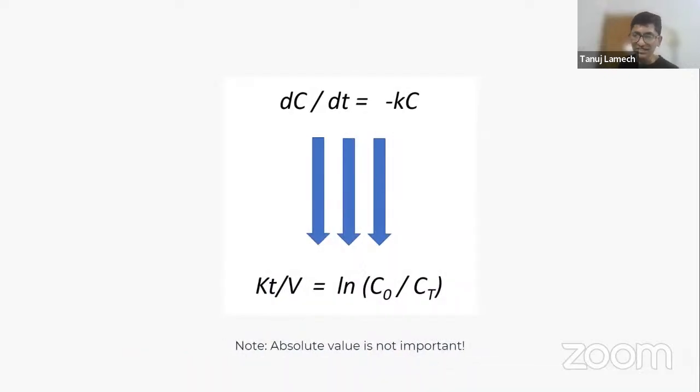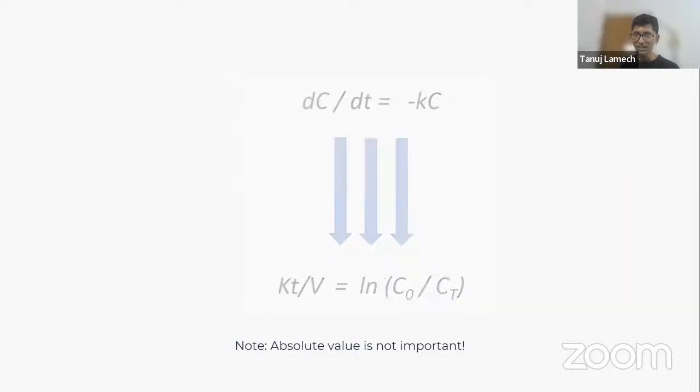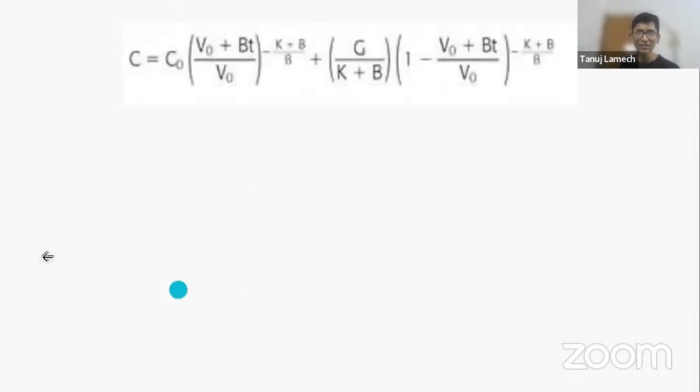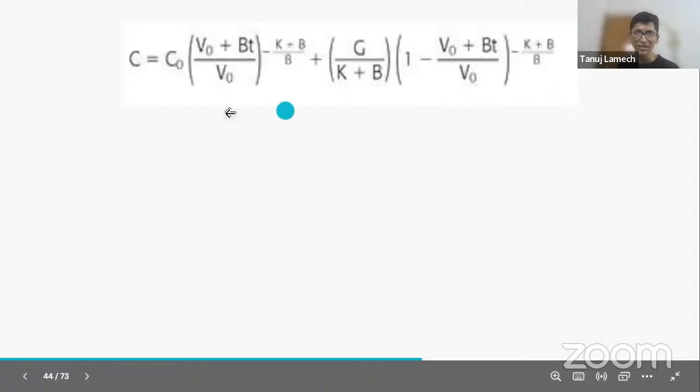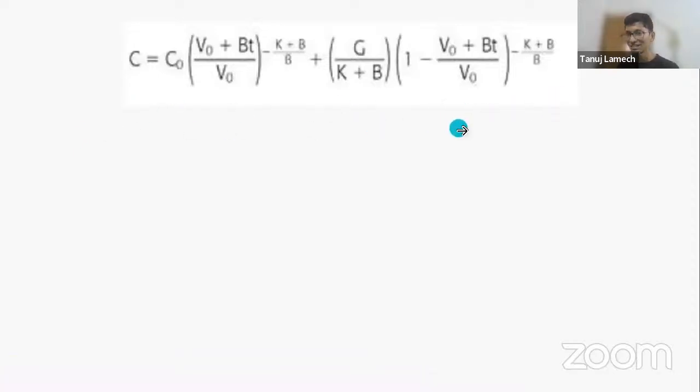Again, this is a very simplistic equation. It does not consider ultrafiltration. It doesn't consider residual renal clearance. It doesn't consider urea generation. So if you were to consider all of those things, you would get the equation for single pool urea kinetic modeling. So this takes into account all of those variables which I mentioned. So C0 is the pre-HD urea, V is the total body water, B is the ultrafiltration and the weight gain, T is the time, K is the clearance.